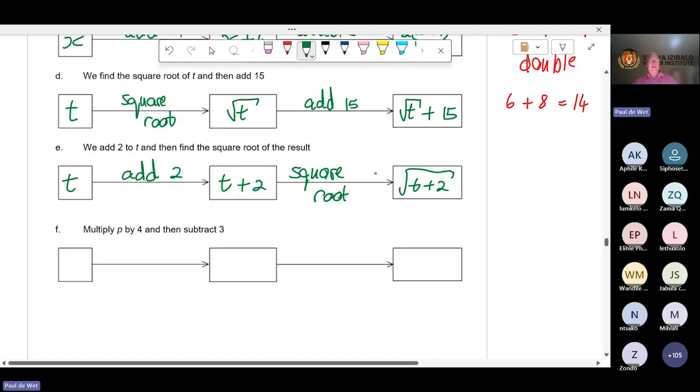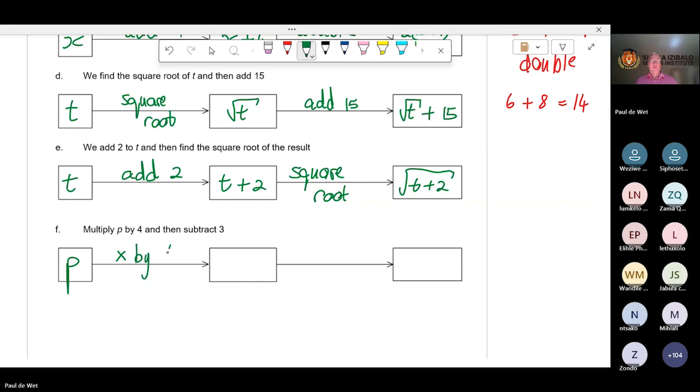Okay, and then the last one. Multiply P by 4. And then subtract 3. What will be my final thing? What will I write in this one over here? What will go in here? Well done.